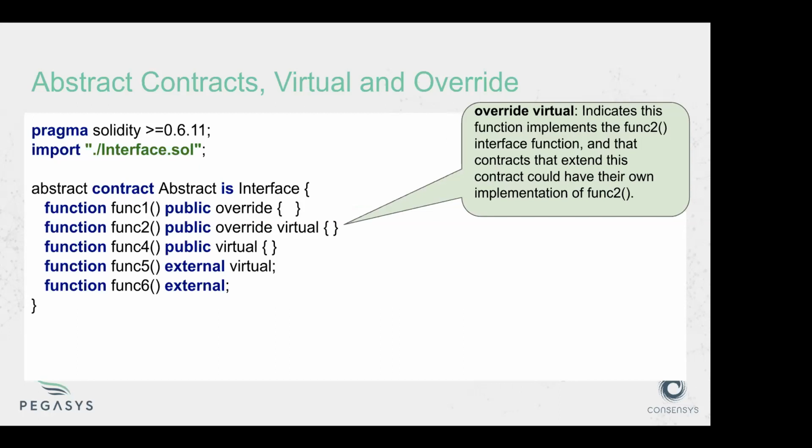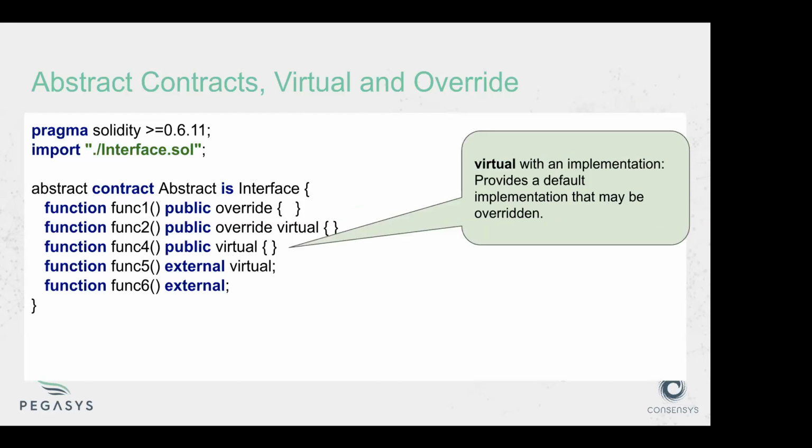Override virtual indicates that you're implementing the interface or the virtual function, but you also want to allow other contracts which derive from this contract to implement their own version of the function. So specialize it, if you will.